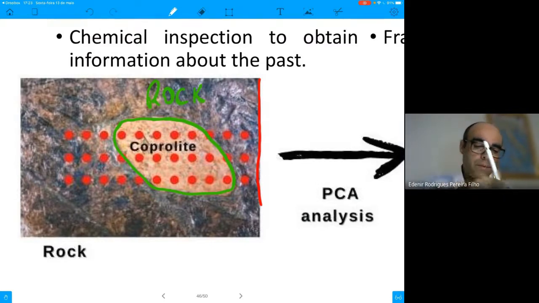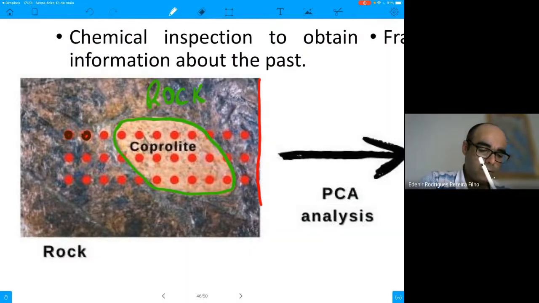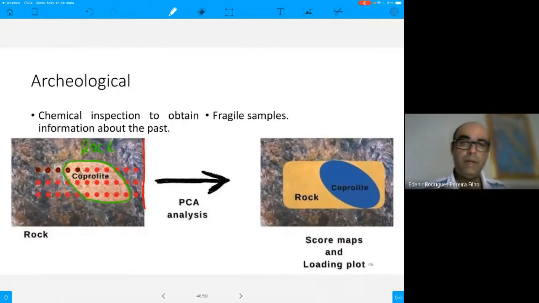Then we performed several laser pulses in several points, and using PCA, we are able to identify, qualitatively speaking, the composition of the rock and the composition of the coprolite, and see what type of food this animal consumed.